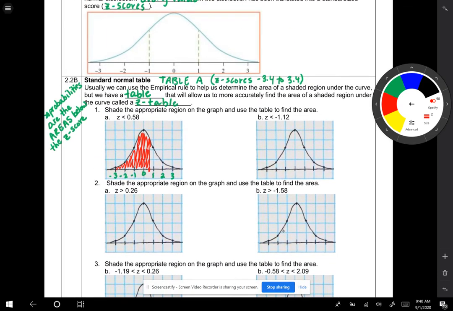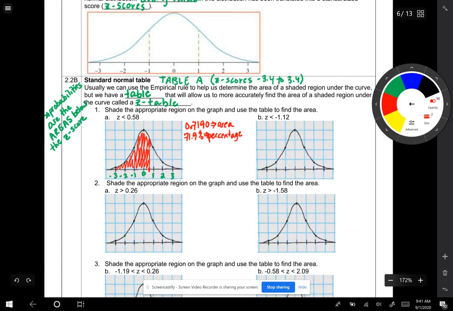Make it a decimal, and this is the area, or you can say 71.9%. Same thing, referring to the same thing.